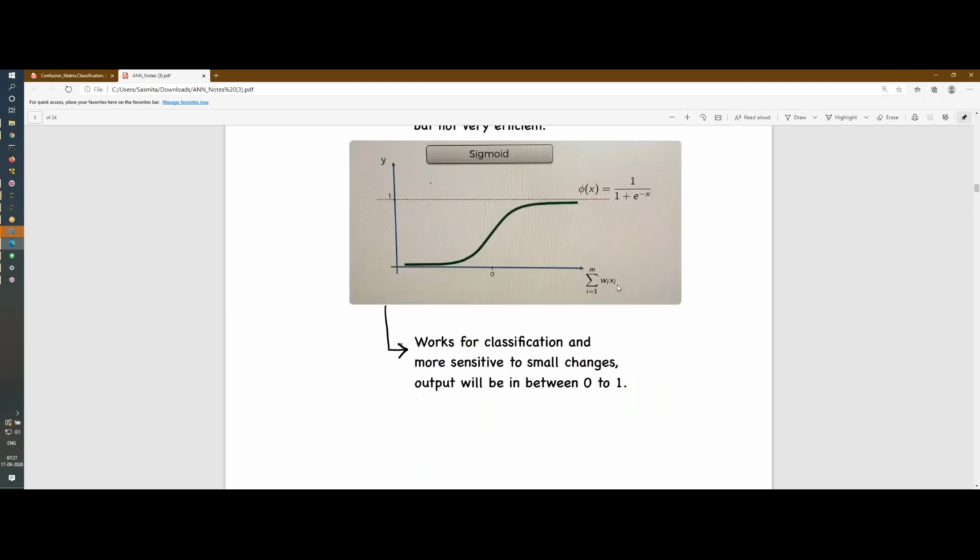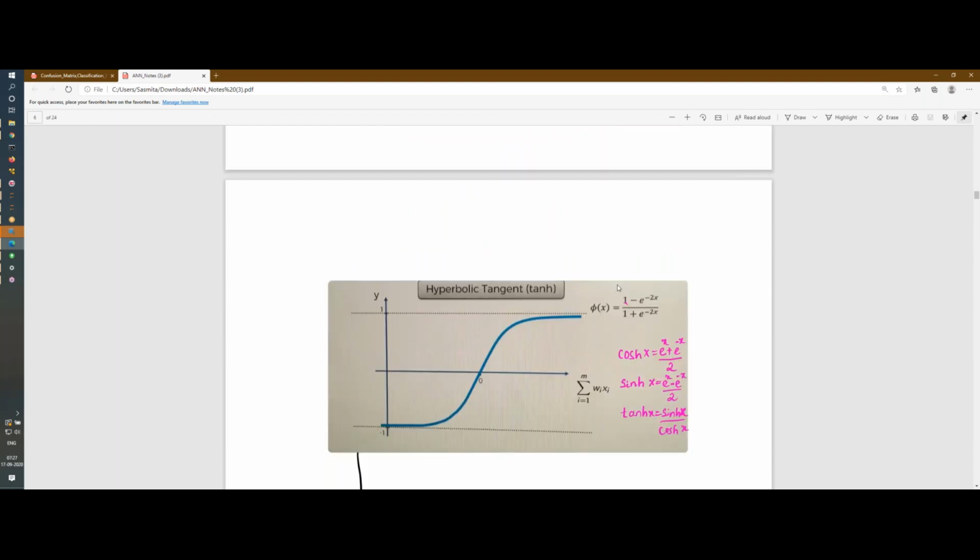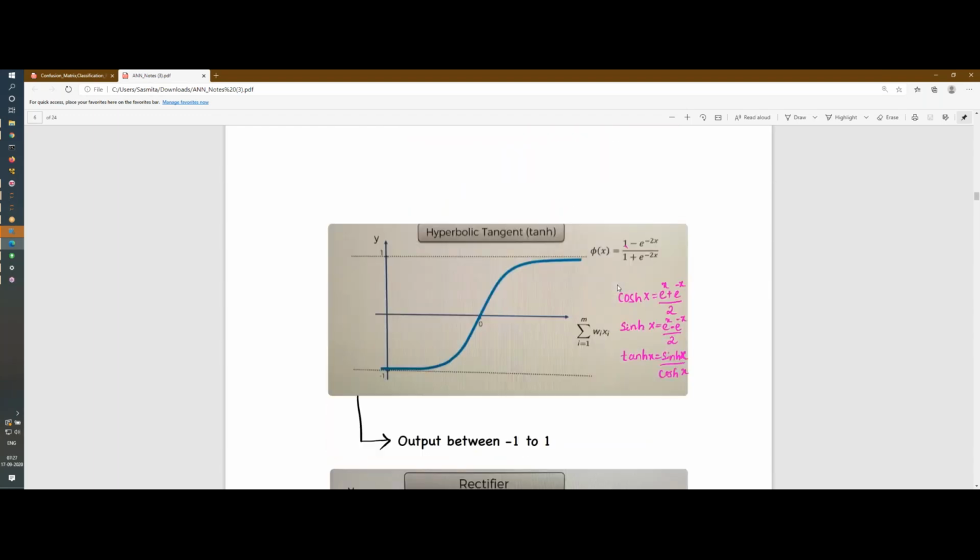Okay. Now the third activation function is the hyperbolic tangent function. The hyperbolic tangent function will give you output between -1 to +1. Whatever value x you have, you will pass to this function. This hyperbolic tangent function is tanh.